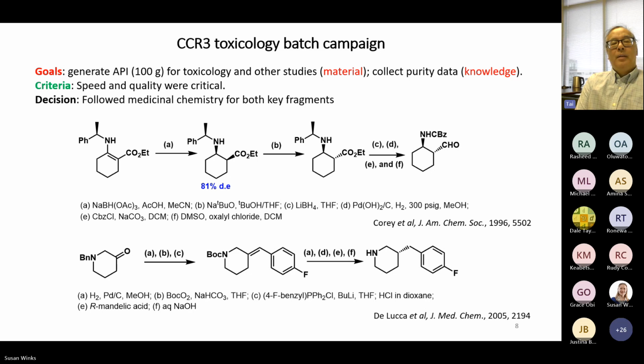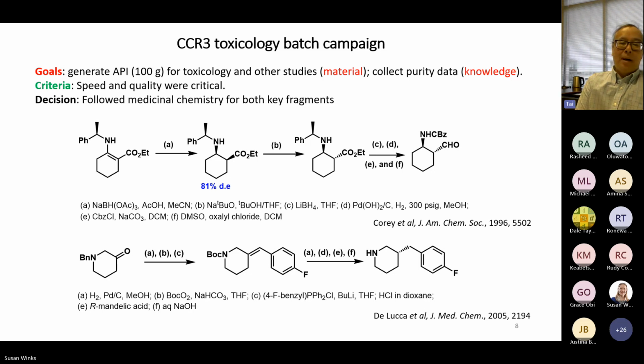That gives an okay level of diastereomeric selectivity, followed by epimerization and removal of the chiral auxiliary. The chemistry worked to give a decent purity of the compound, so we pushed ahead and did that.